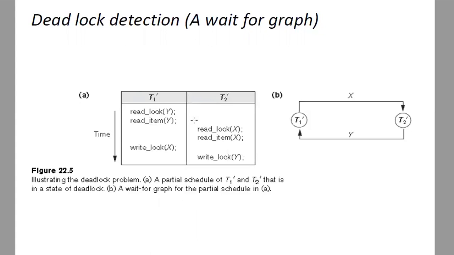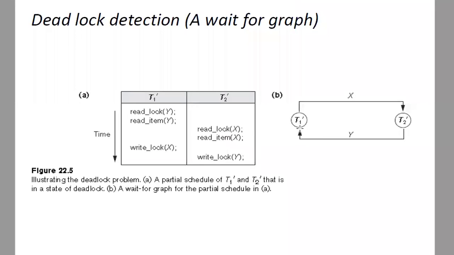Based on the previous condition, that is the precedence graph, you can draw like this: the nodes or vertices are T1 and T2, and the edges you form when there is a connectivity from T1 to T2, and when there is a connectivity from T2 to T1.